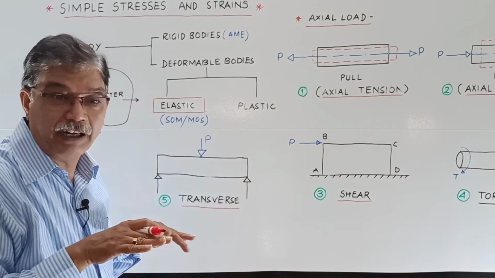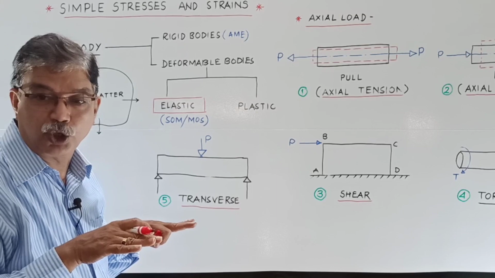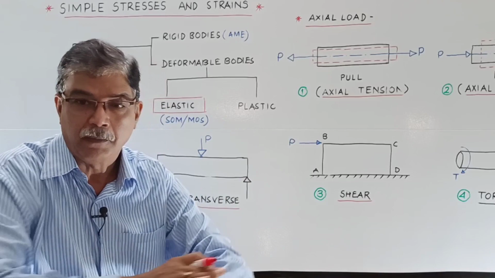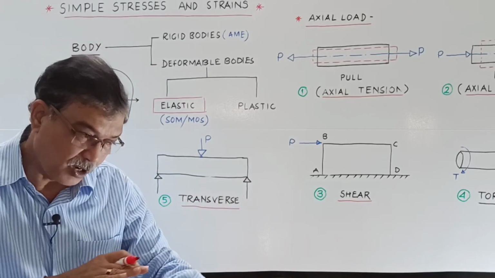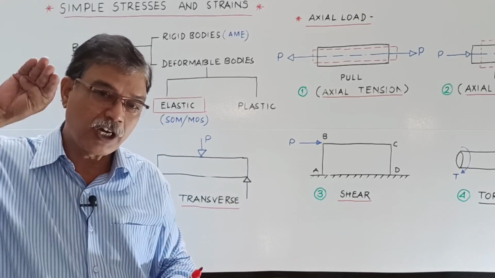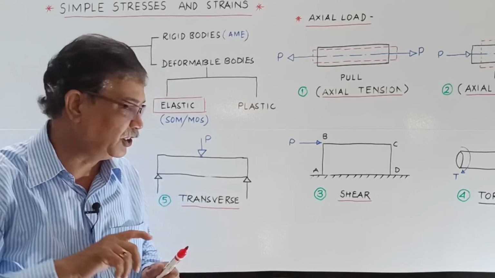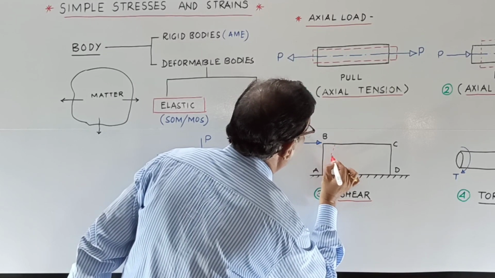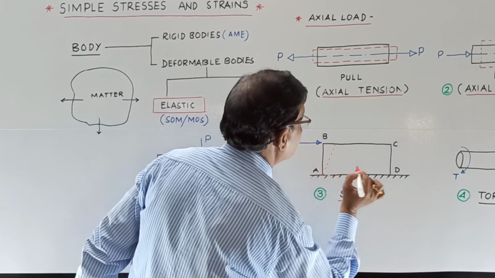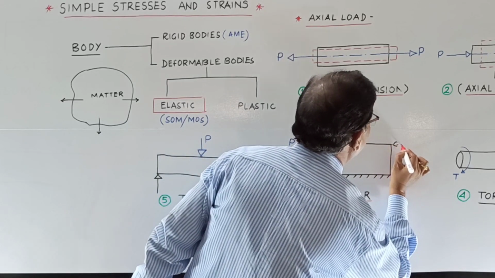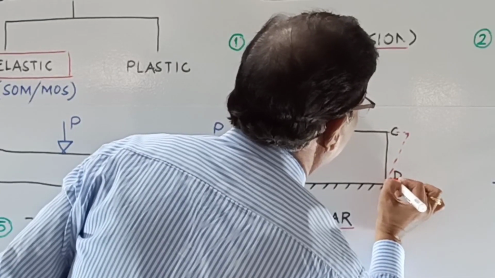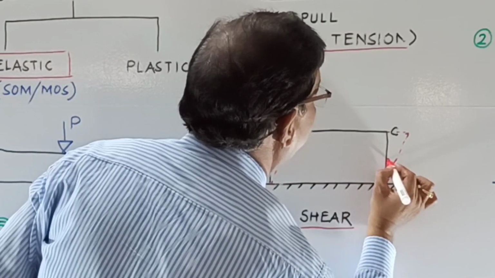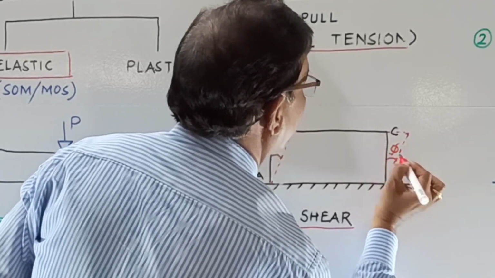Whenever you are using the jack plane on a wooden piece in the workshop, you are applying the load tangentially. So due to tangential load, this block will get distorted to this shape.